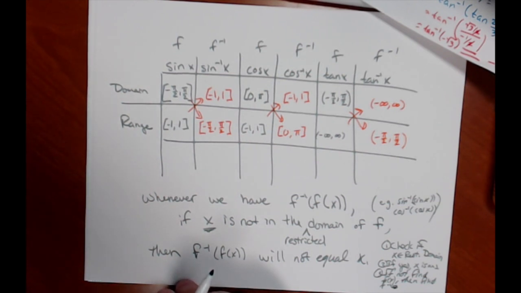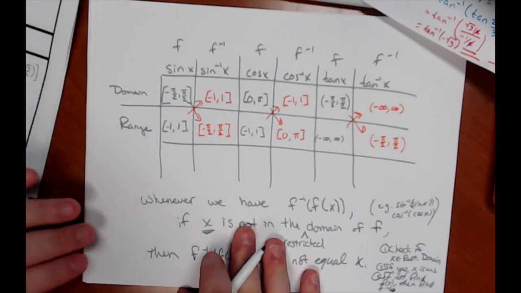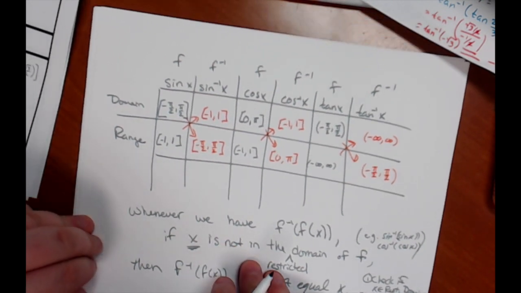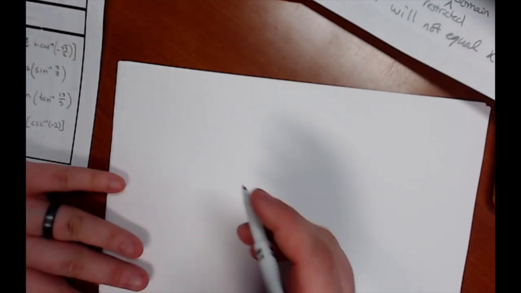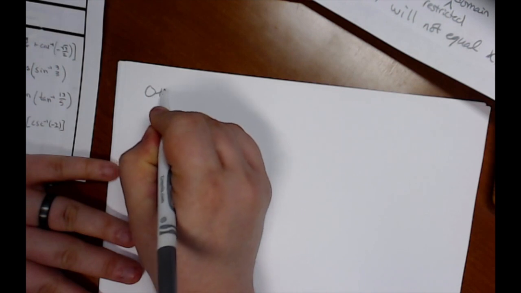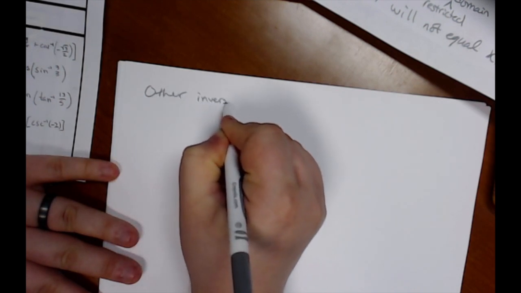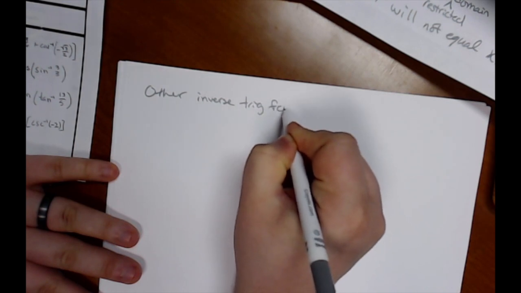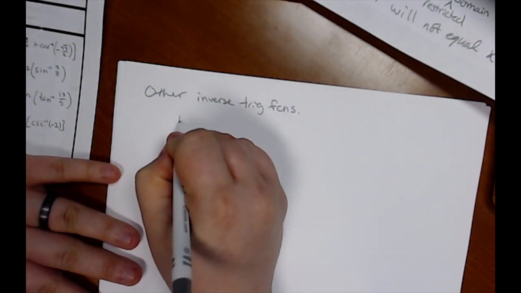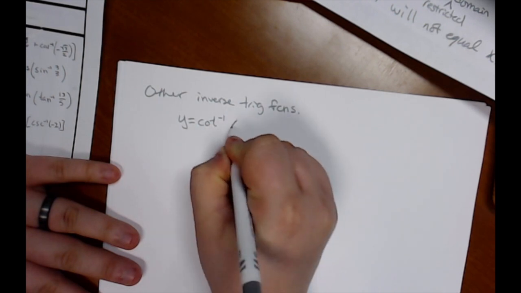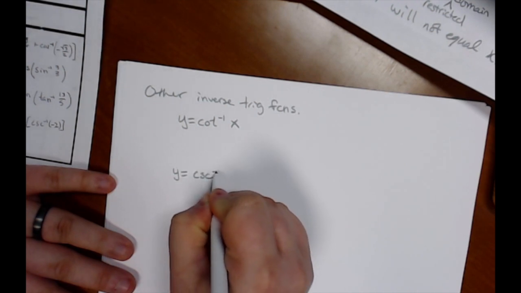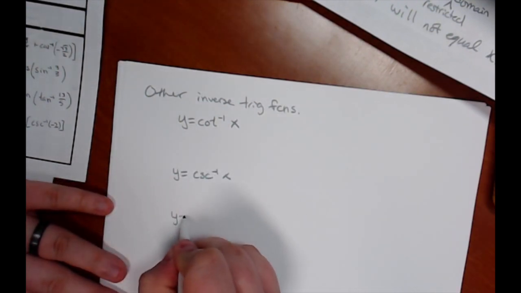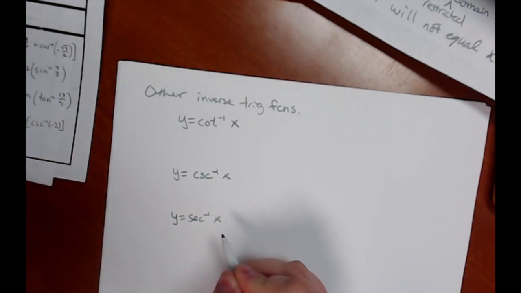We have just a couple more to get through. And for the next 3, we're not going to work quite as detailed in terms of effort. So here we have the other inverse trig functions: y equals cotangent inverse of x, y equals cosecant inverse of x, and y equals secant inverse of x.